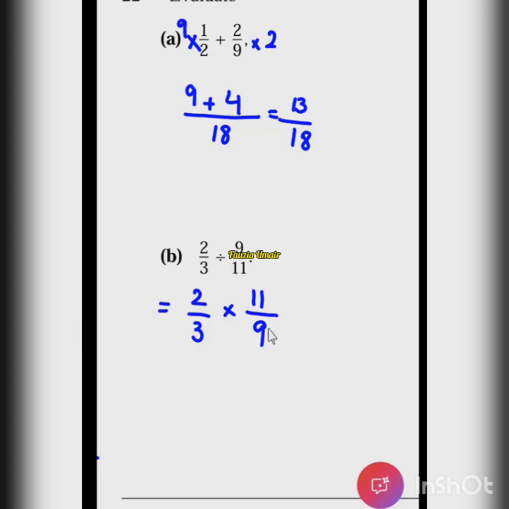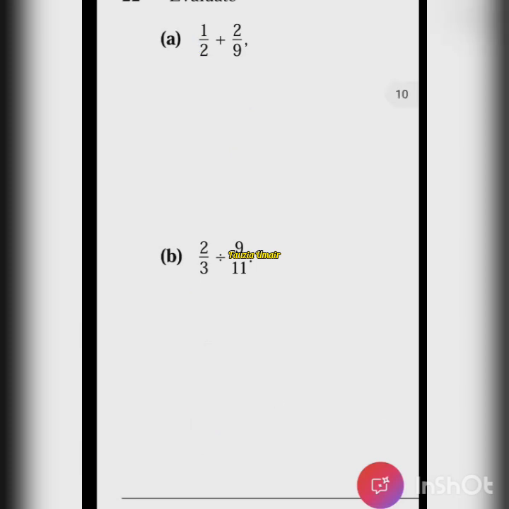Now we need to check, can we simplify it before multiplying? The simplification cannot be done, so we can write down the answer directly, 22 by 27. Before writing this answer in the answer bar, we check whether it is in simplified form, because it is a proper fraction. This is already simplified, so it will go directly to the answer.